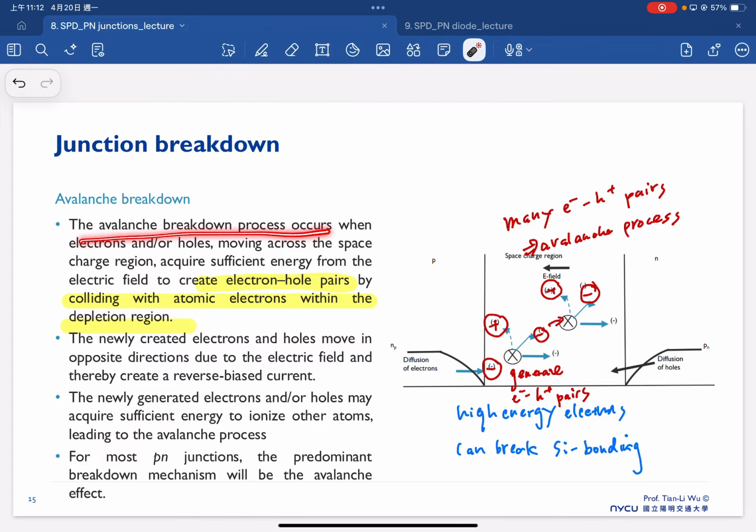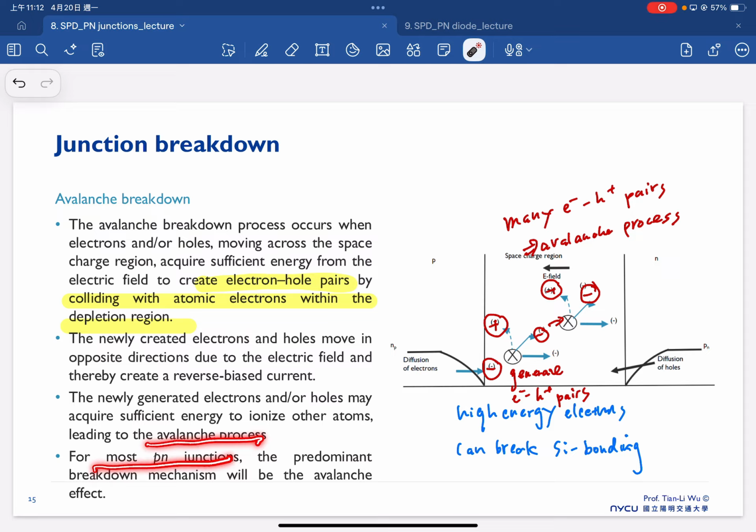So avalanche breakdown occurs when electrons and holes moving across the space charge region acquire sufficient energy from the electric field, and in the end create a lot of electron-hole pairs. The newly created electrons and holes move in opposite directions due to the electric field and thereby create a reverse current. The newly generated electron-hole pairs may acquire sufficient energy again to continue the avalanche process.